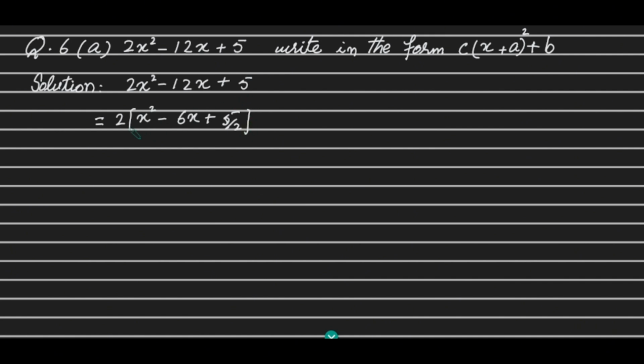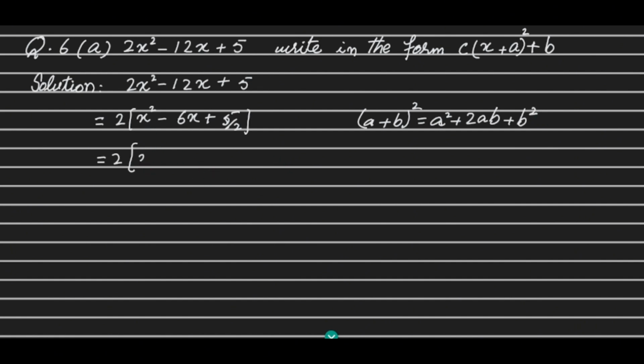Since it was not common, when we take it common we divide by 2. Now we solve this part by completing the square. As we know, (a plus b) squared equals a squared plus 2ab plus b squared.